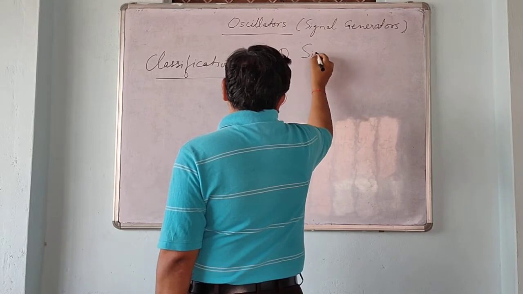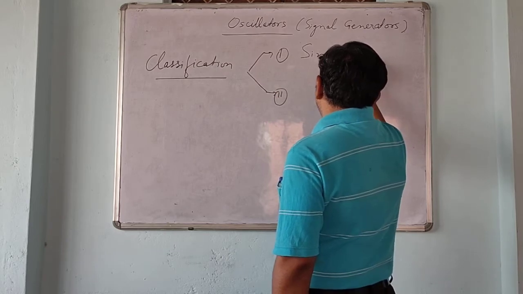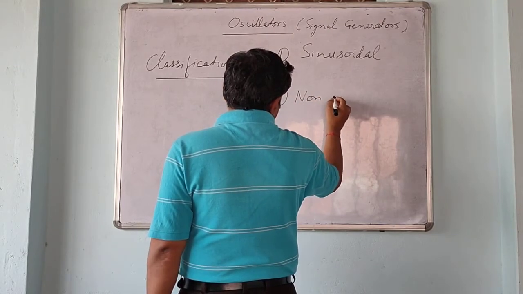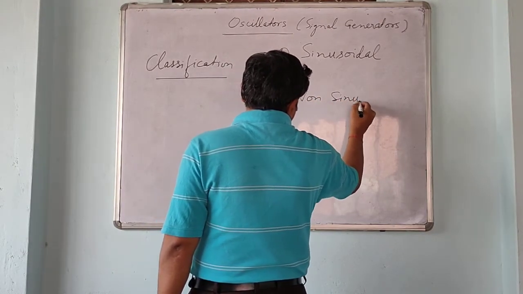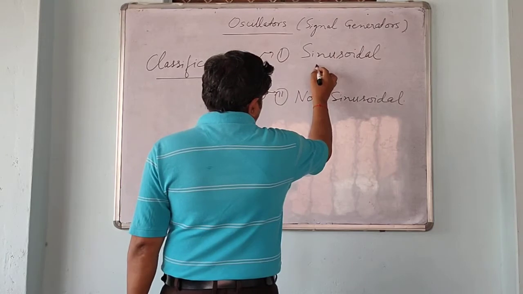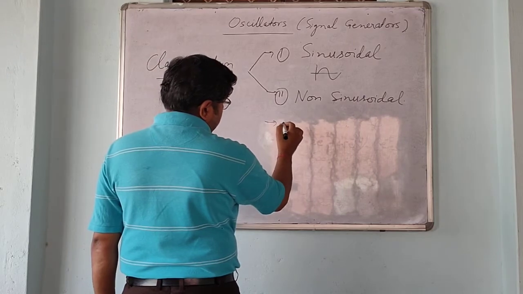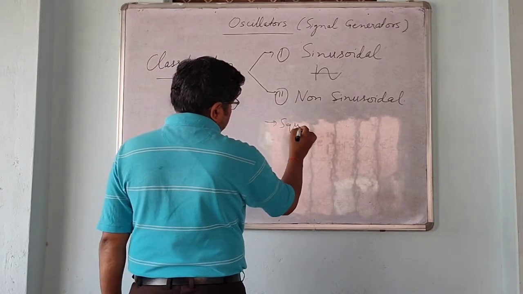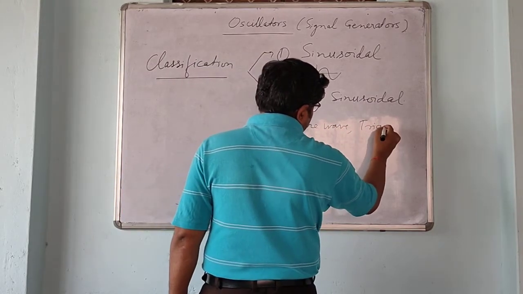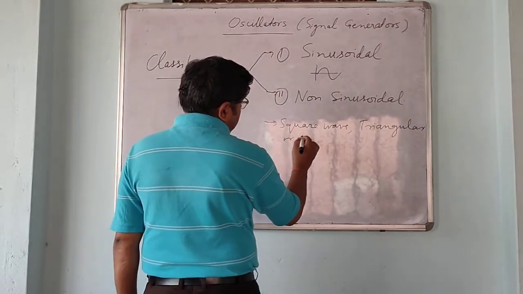One is sinusoidal and another is non-sinusoidal. Obviously, in this category, we have a sinusoidal signal, and in this, we have square wave, triangular, or pulse.